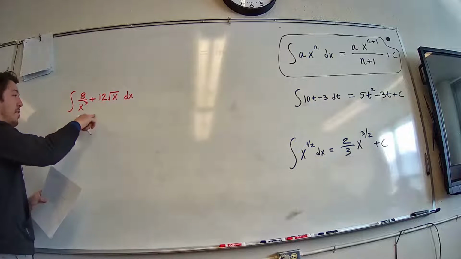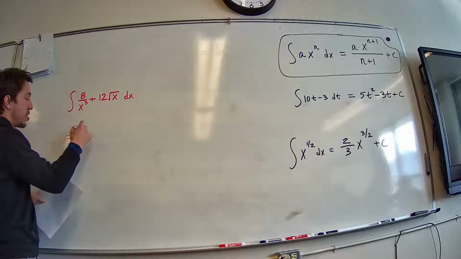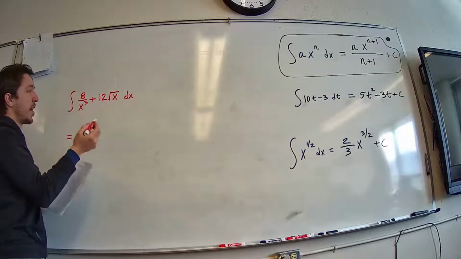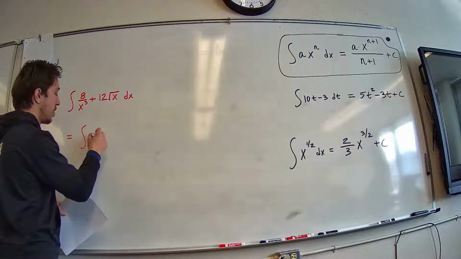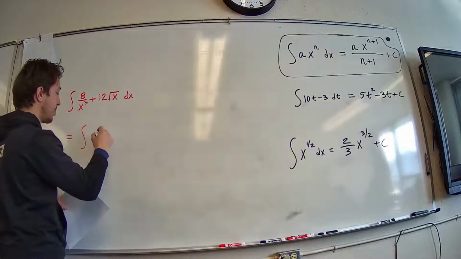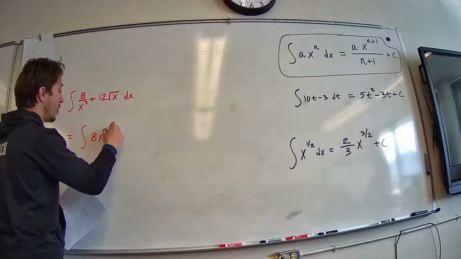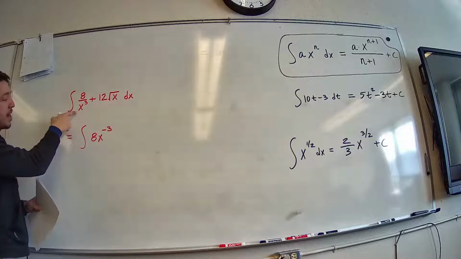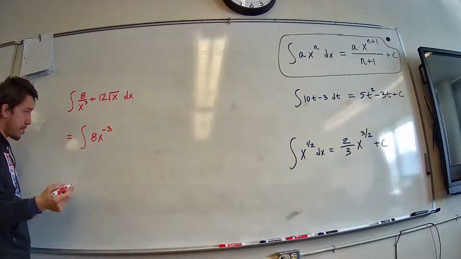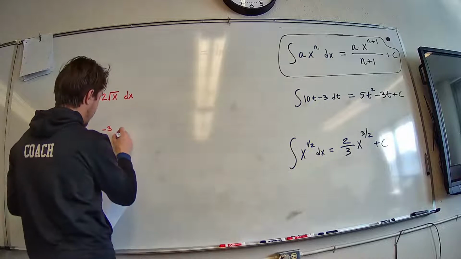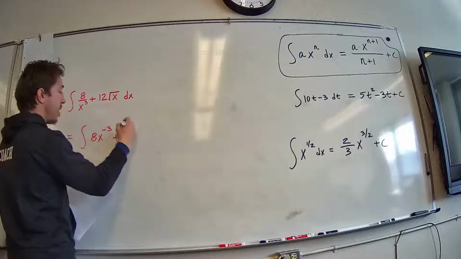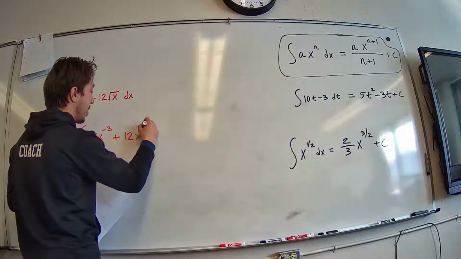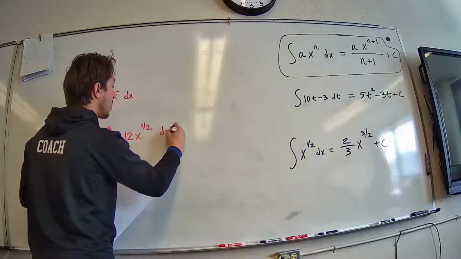Okay. First step to this one would be, let's make sure we write it in a form that allows us to apply that rule. So this first term, I'm going to write it as 8 times x to the negative 3. And this term, I'm going to write it as 12 times x to the positive 1/2.